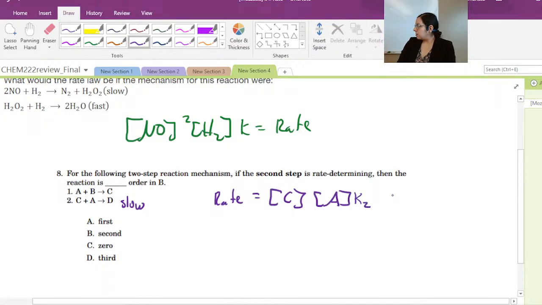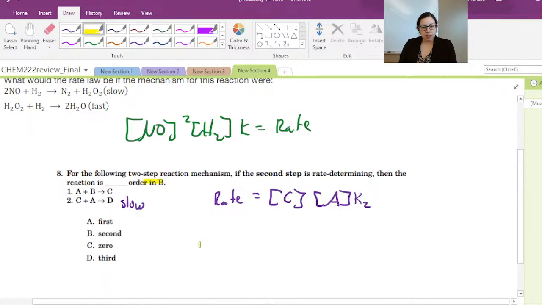Well, I'll call it K2 just because it's the second one. But then what's the problem with this equation? Unlike this first one here. Yeah. There's no B.